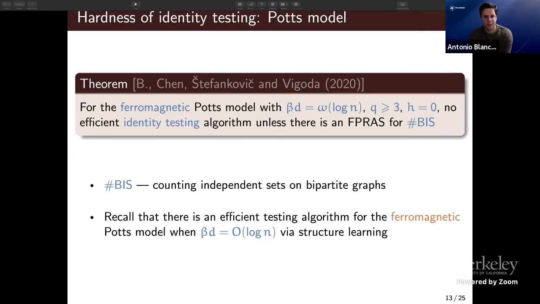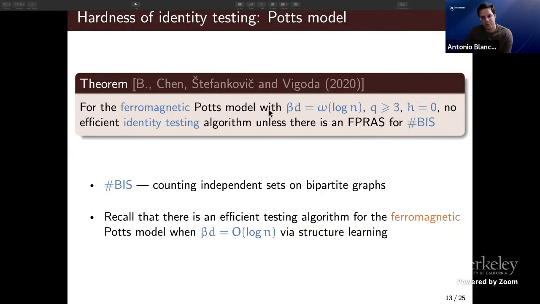Okay, so our result here concerns the ferromagnetic Potts model. Again, we have to assume, and this is a natural assumption, that beta times D is omega of log n, q has to be at least 3, since q equals 2 is the easy model. And since this is a hardness result, it is even more interesting when you have no external field. So we take H equals 0.